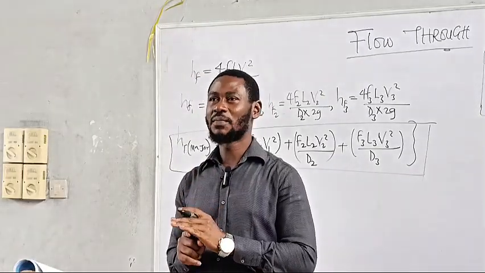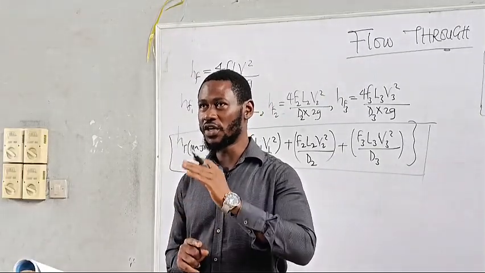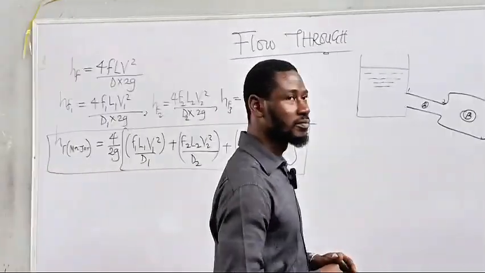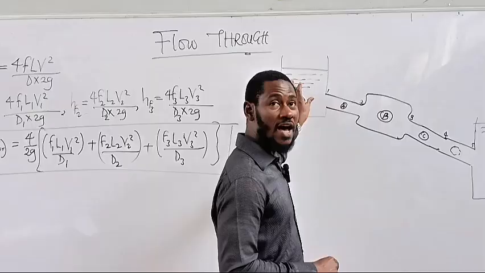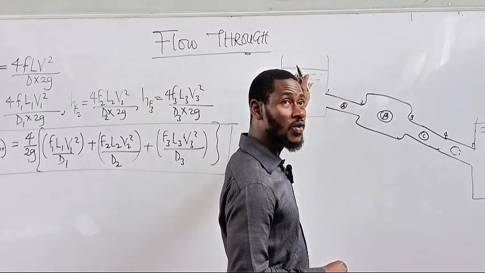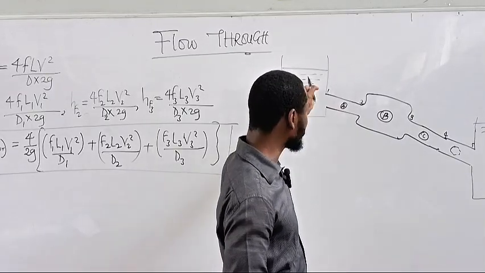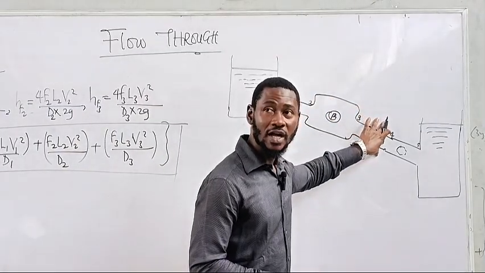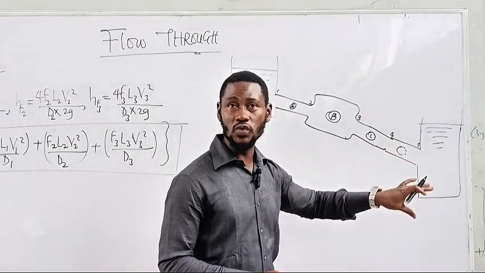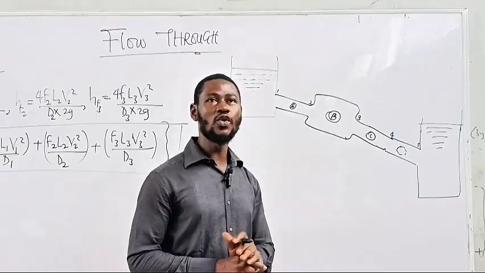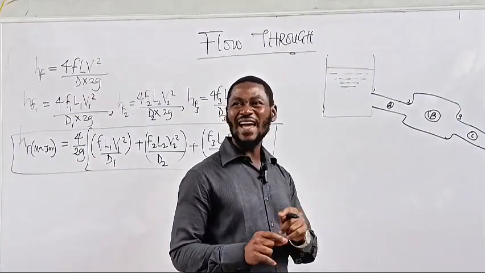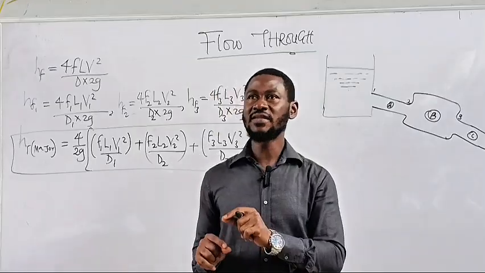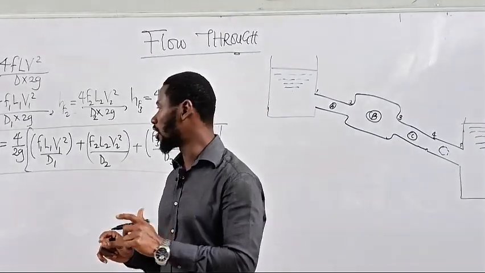Now let's look at minor head losses for each stage. This is a reservoir. The water is coming from this reservoir, entering into pipe 1, pipe 2, pipe 3, and there is an obstruction from 3 to 4. How do we go about this? At the entrance of the pipe, it has its own mathematical representation.